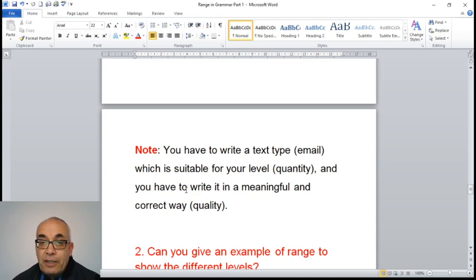And you have to write it in a meaningful and correct way. And this is quality, how you write it. How you write must have meaning, and how you write must be correct. So quantity is what you write and how much you write. Quality is: does it make sense? Does it have meaning? Is it correct?